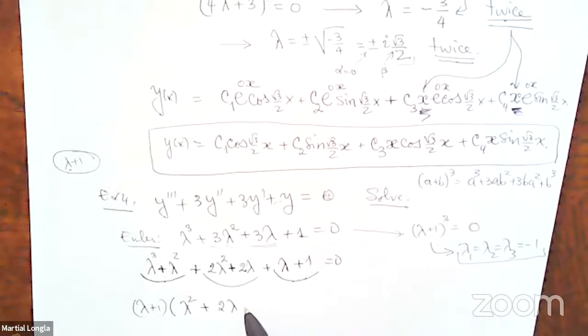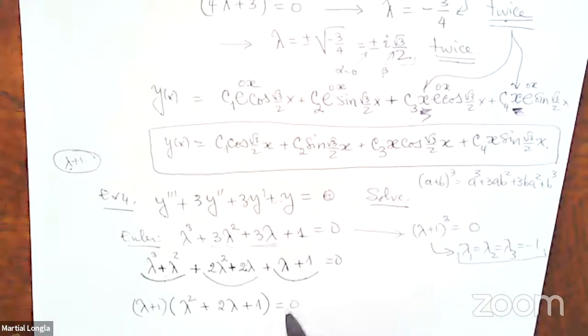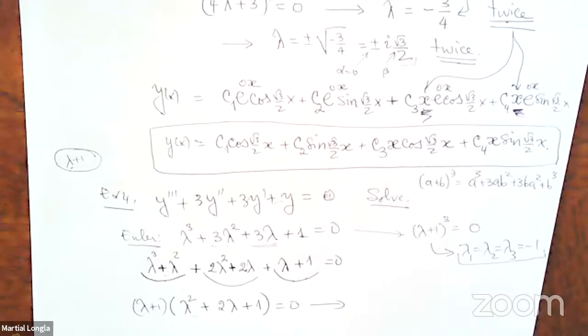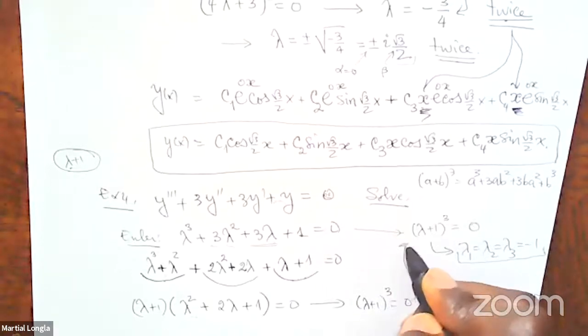And from the third block, I get 1. Equals 0. You can see that the thing factored out. And what is inside here is nothing but lambda plus 1 squared, right? So that's how you would do it in general. That gives you lambda plus 1 cubed, which takes you back there.